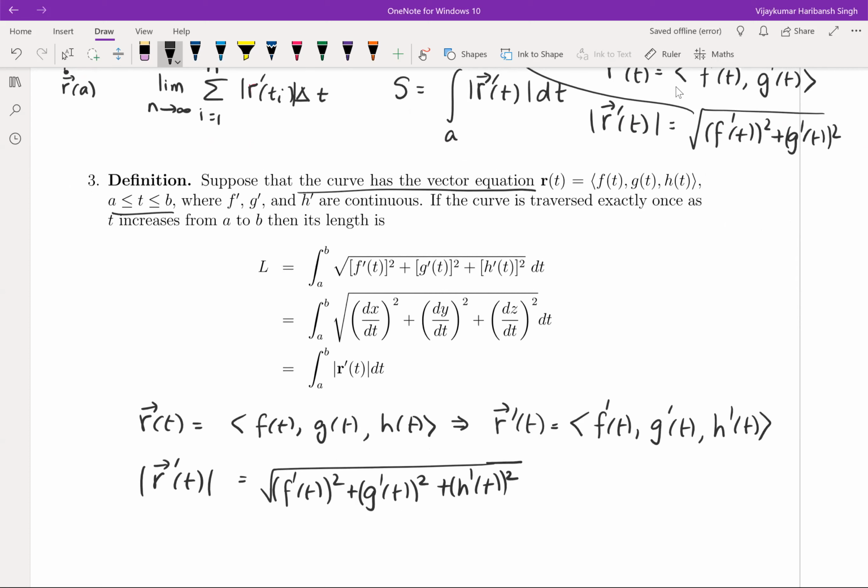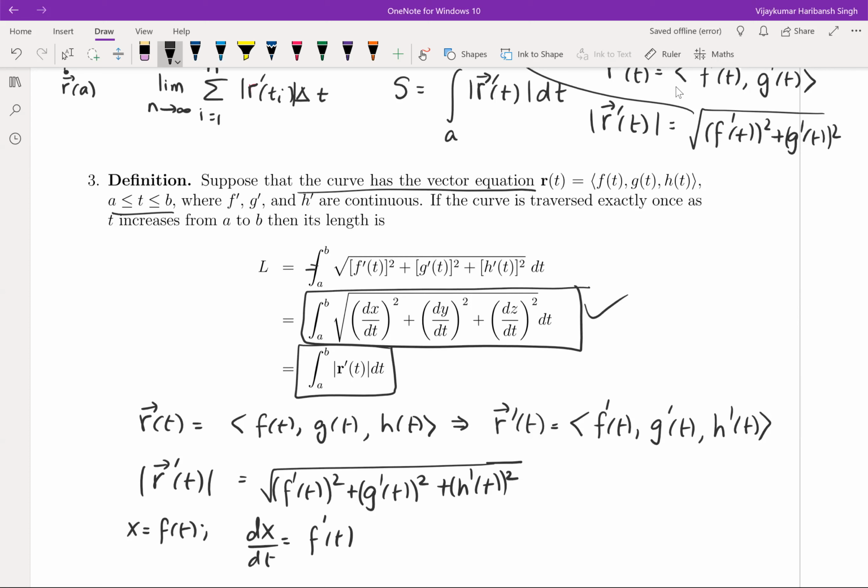And then when you substitute into the integral of r prime t dt, you get this integral. The same thing can be written if your x is equal to f of t, then dx by dt is going to be f prime t. So substituting that, we get this formulation as well.